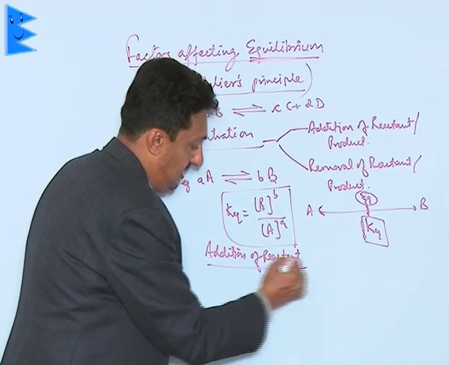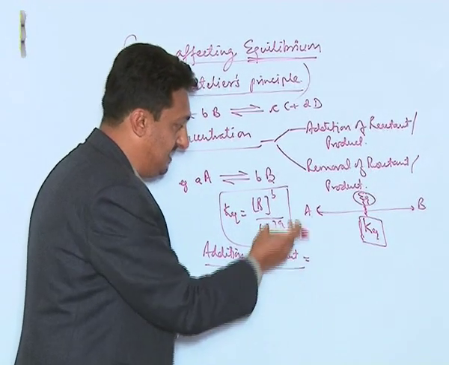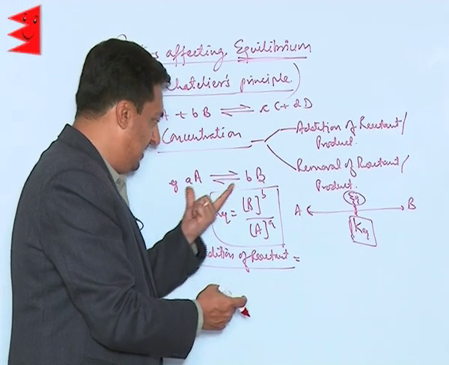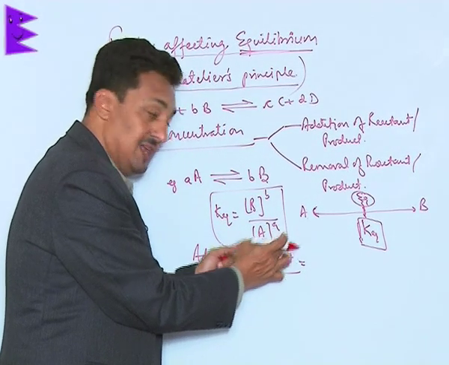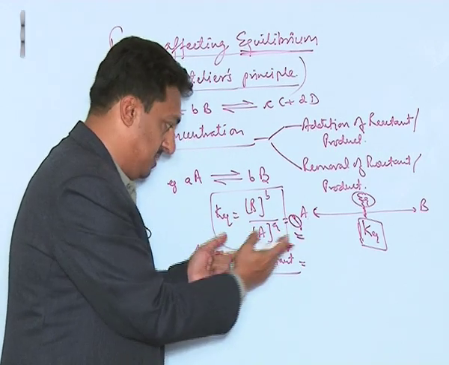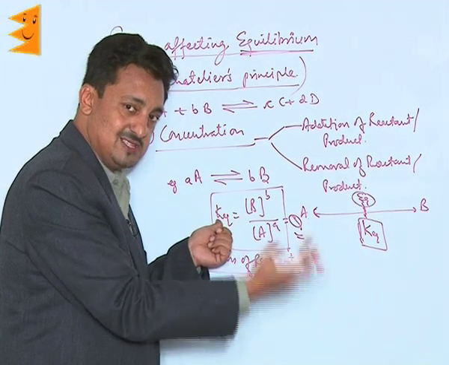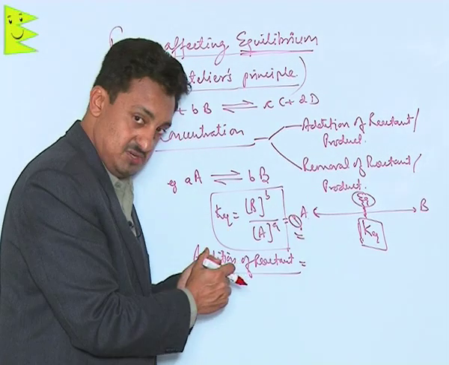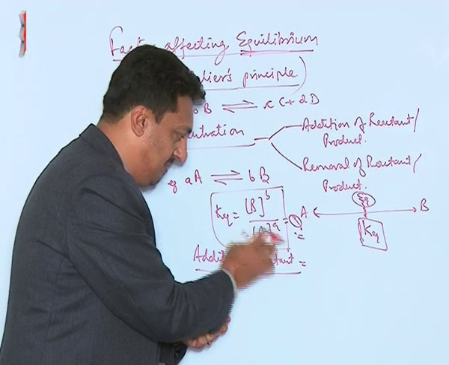reactant is done. At the state of equilibrium, we have added the reactant to the reaction mixture. What will happen? The moment you add the reactant A to this reaction mixture, the denominator will become a larger value, because you can predict that only through Q, since K equilibrium is only at the state of equilibrium. The moment you add A, the state of equilibrium gets disturbed. Now how do you find out where exactly the reaction is? You know, it is the reaction quotient. So now this value of Q will have a larger denominator.